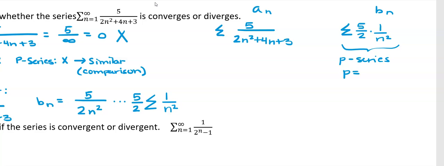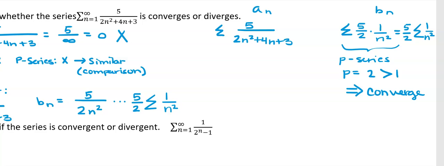My p-value is going to be the exponent of 2. Yes, I have a coefficient, but don't let that bother you. If it makes you feel better, you can put that coefficient out in front like I had it before. Since the p-value, the exponent, is greater than 1, I can say that this b sub n series is going to converge by definition there.